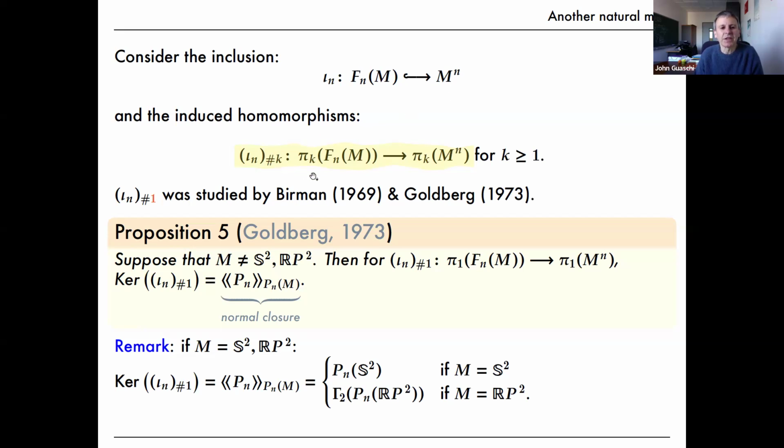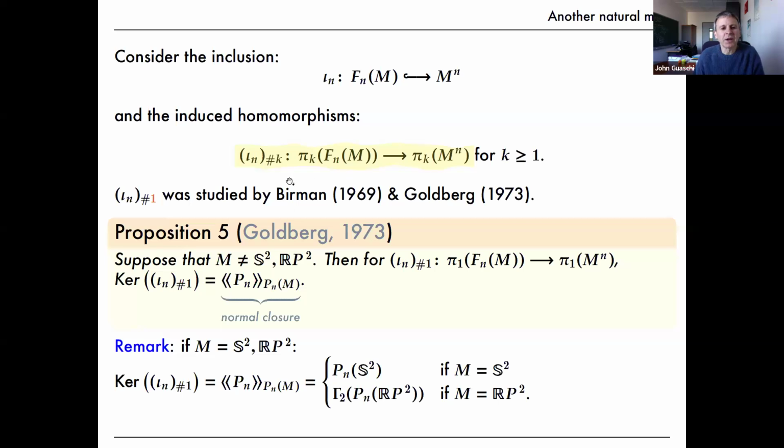And then you can look at the induced homomorphisms on the level of pi k. Obviously, you have a whole family of such homomorphisms.